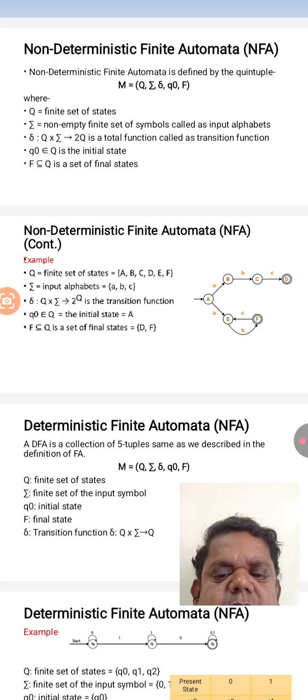F is the subset of final states, found by the double circles. Here D and F are the final states.